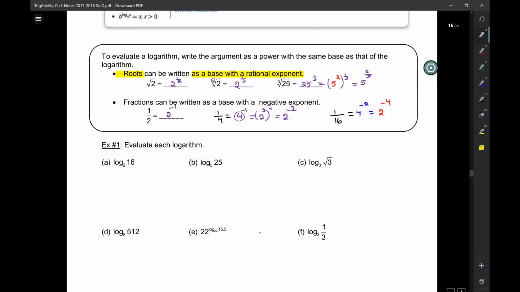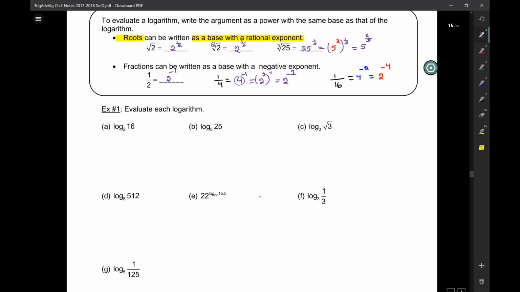All right, so when you hear or read the word evaluate, it means get a numerical answer. So we're going to evaluate each logarithm. The process is we're going to take this number and write it in terms of this base.